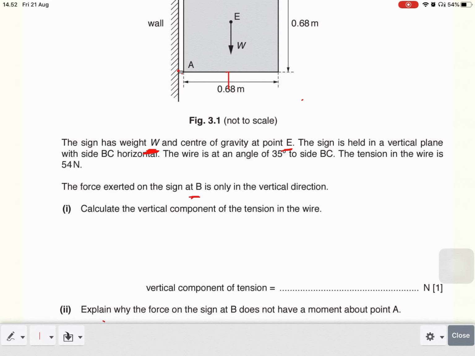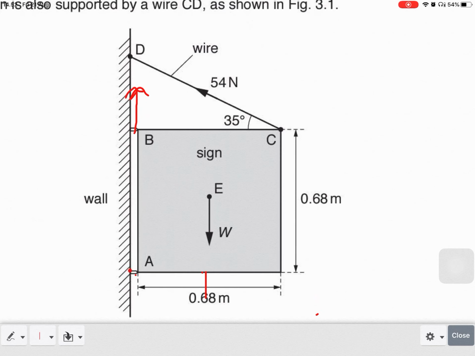Calculate the vertical component of the tension in the wire. So you need to resolve the tension into the vertical side and then horizontal. So this is the y-axis, the vertical direction, and this is the x-axis, the horizontal direction. Let me name the 54 Newton tension as T. So the vertical component will be T sine 35, that is 54 sine 35.